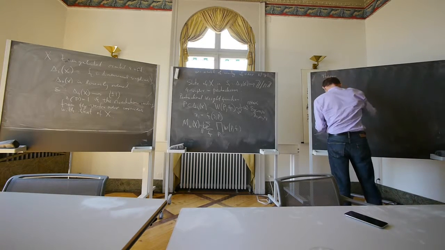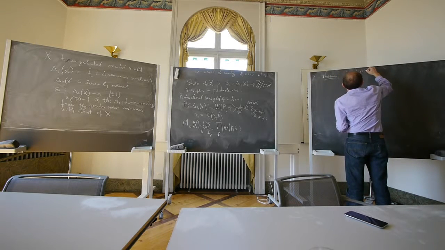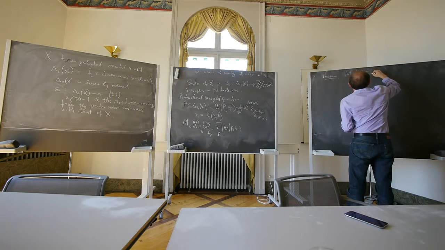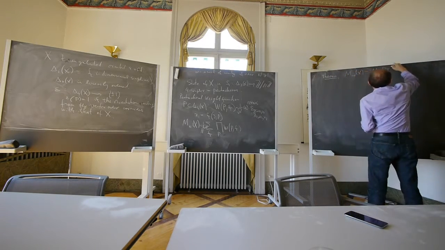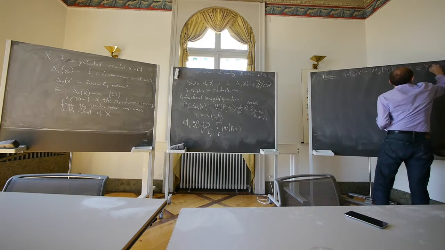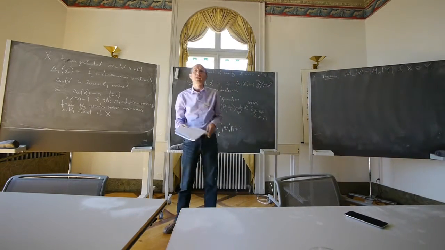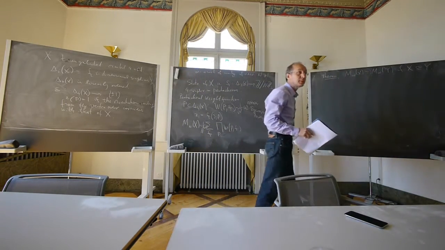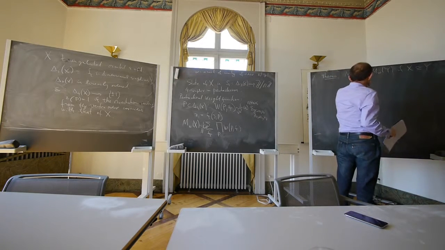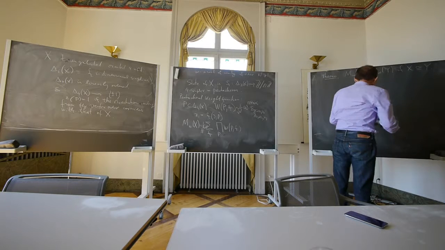Theorem: M omega of X is equal to M omega of Y if X is equivalent to Y, in the sense that they are triangulations of one and the same four-manifold. So this is the main result.